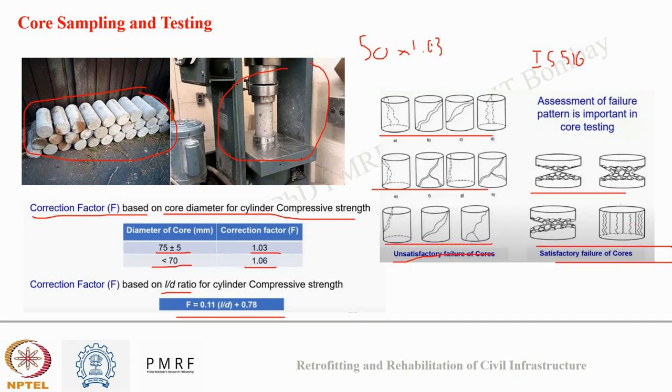These are also important when we give a comment about the status of a core and the strength of the core. Apart from strength estimation, the collected core sample can also be tested for various microstructural properties using petrographic examination, or even chemical analysis like chloride content, sulfate content, and so on. We'll brush up on these things later on when we have a discussion about petrographic examinations.